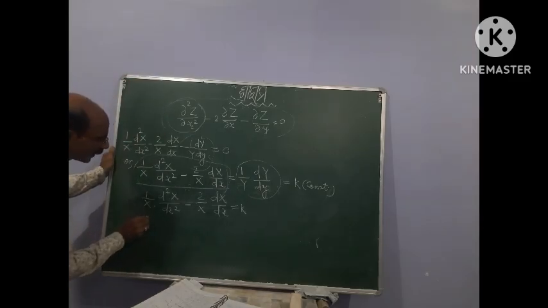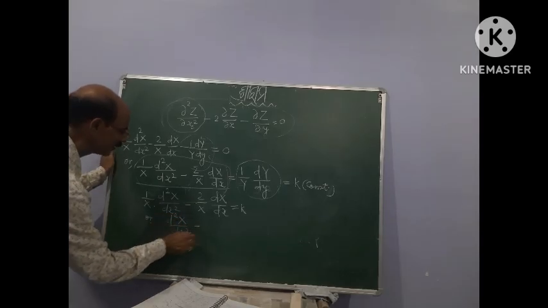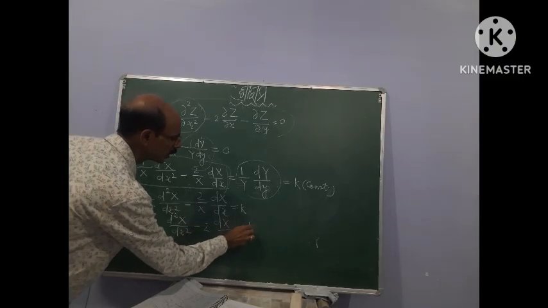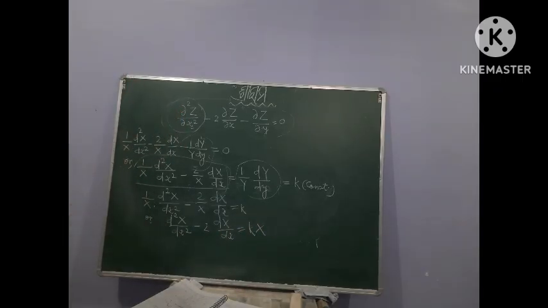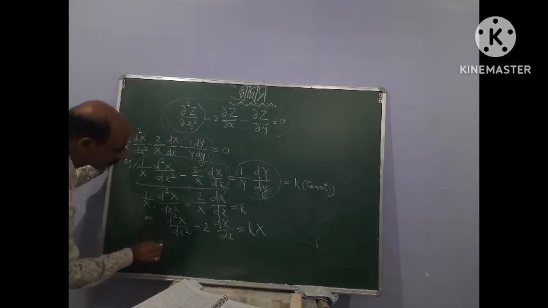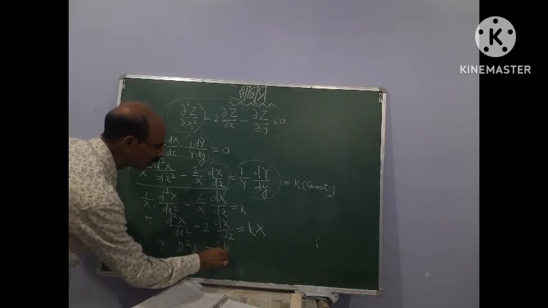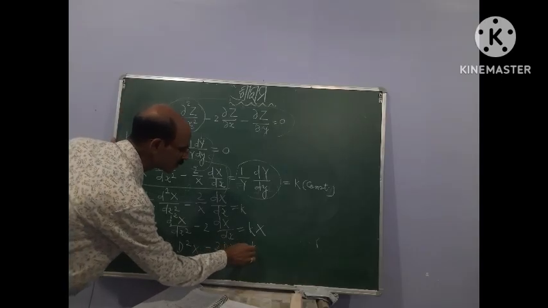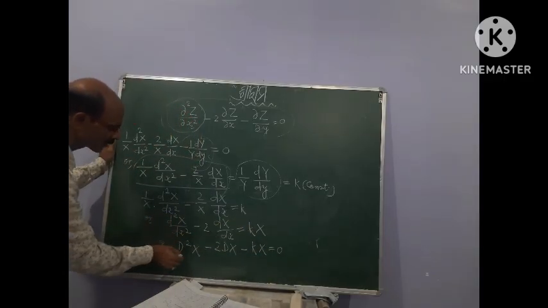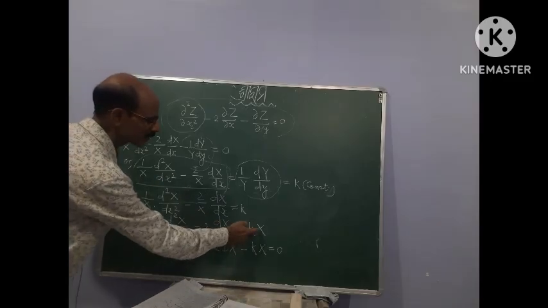Or I can write it as d square capital X by dx square minus 2 dX by dx is equal to k into capital X. Now you see we can write it as D square X minus 2 DX minus kX is equal to 0. We wrote d square by dx square as capital D square, minus 2 into capital D which is d by dx, minus kX brought to this side.